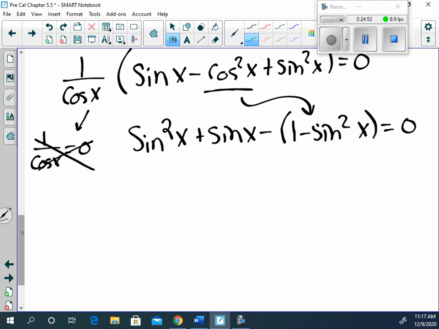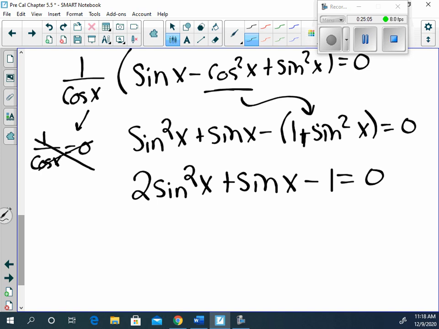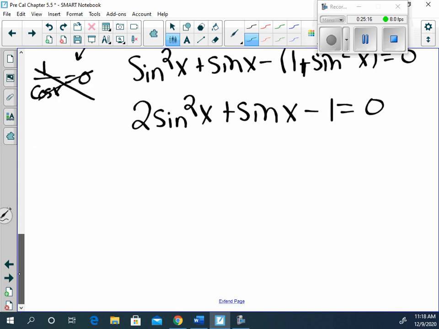Now over here, the negative and negative make a positive, and we'd have negative 1. So really we have 2 sine squared of x plus sine of x minus 1 is equal to 0. This is factorable.